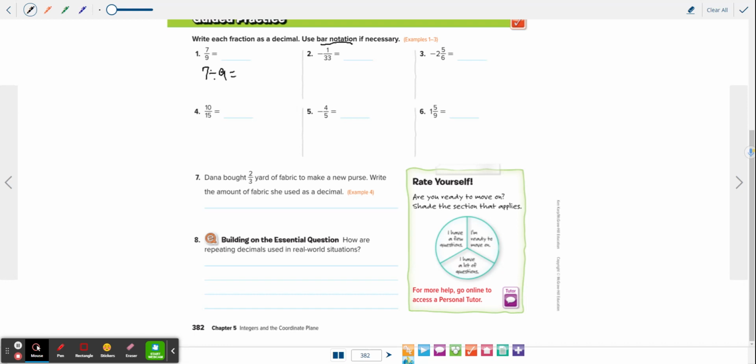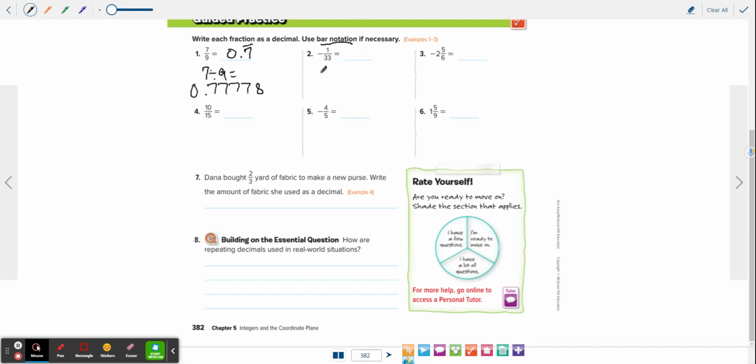Let me see what we get. 7 divided by 9 is 0.7777, and then at the end it rounds it to an 8. That means that whole thing is repeating. So 0.7 with a line over the 7. I only need one of those because that's all it is repeating.